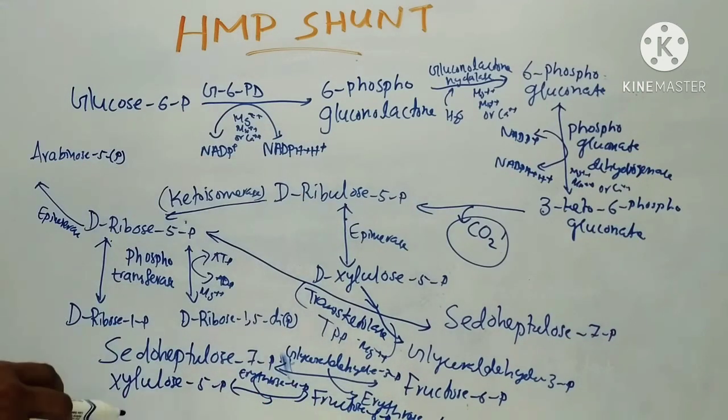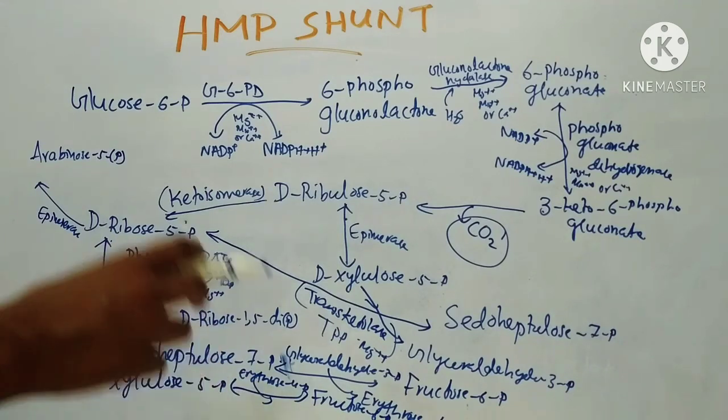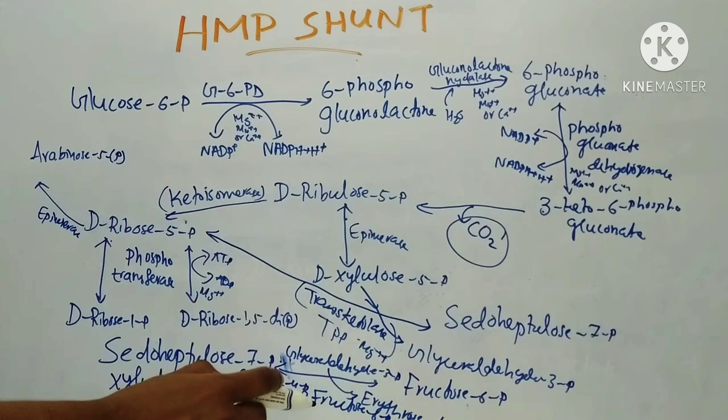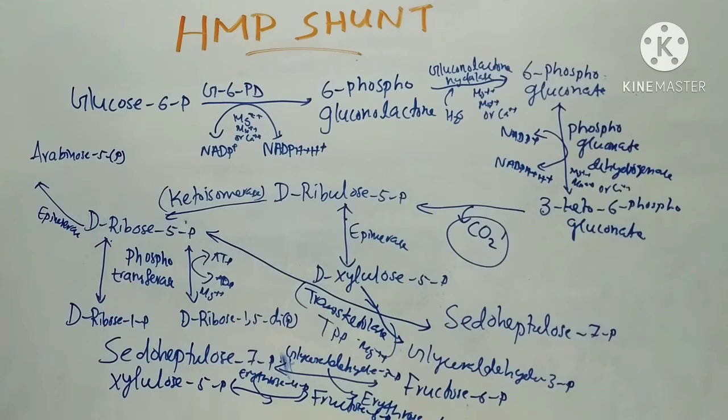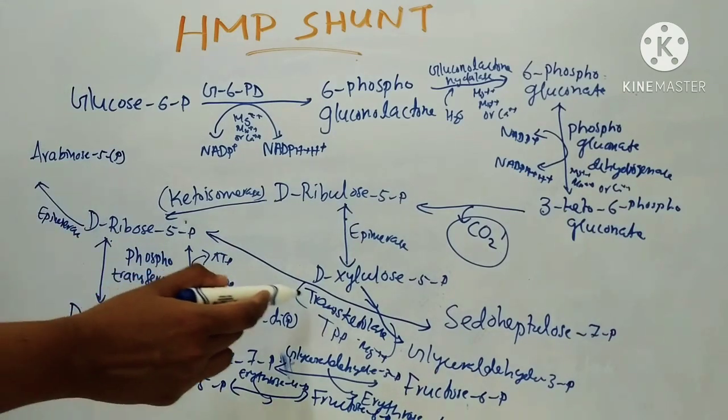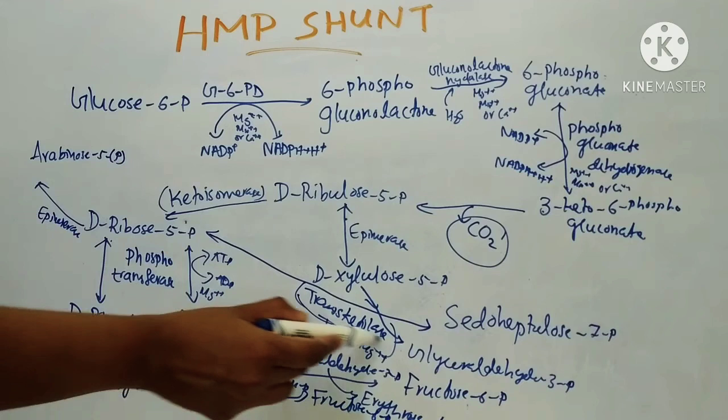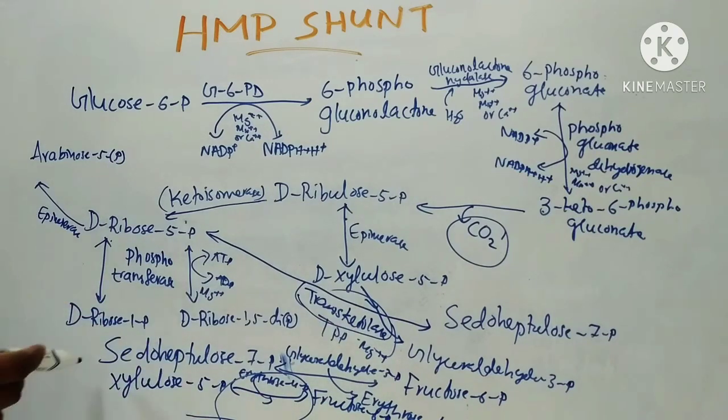Then again in the transketolation reaction, xylulose 5-phosphate, a ketopentose, combines with erythrose 4-phosphate, an aldo sugar, to form fructose 6-phosphate, a keto sugar, and glyceraldehyde 3-phosphate, an aldo sugar. So this is the transketolation and transaldolation. In the HMP shunt there are two transketolation reactions, and the second one is here. This other reaction is the transaldolase reaction. So this is the HMP shunt.